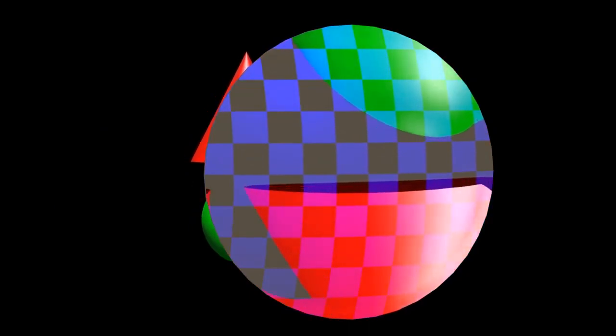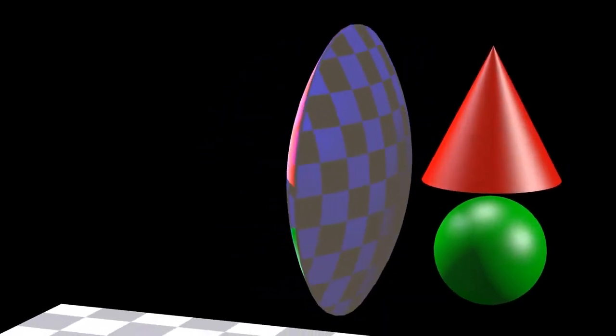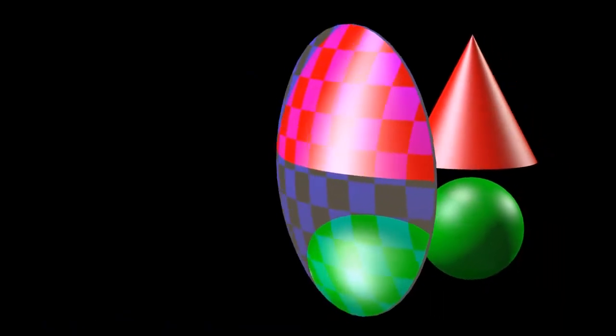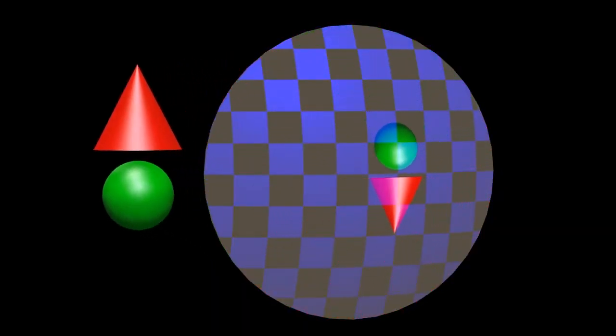Suppose we change the location of the objects. The image can be either right side up, or it can be inverted upside down.